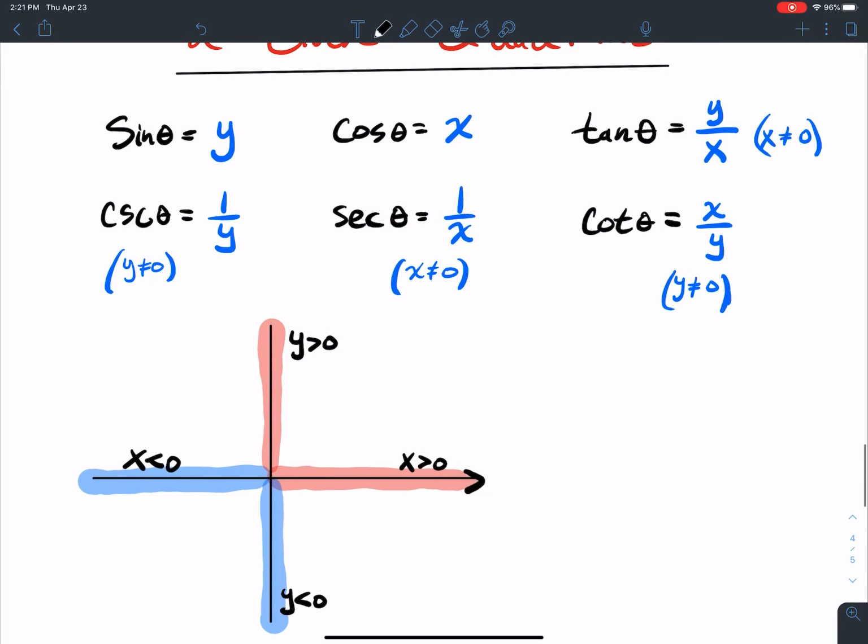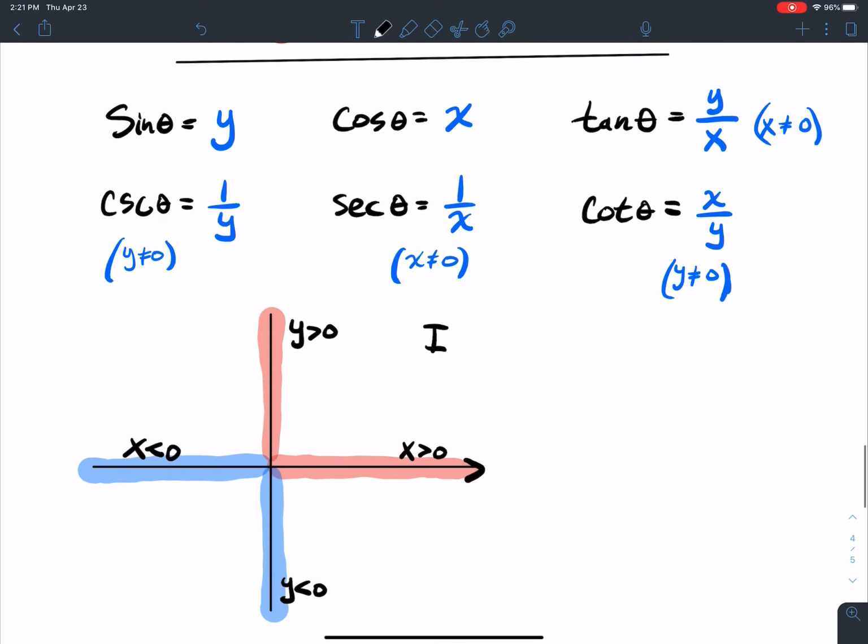Okay, so what do we do here? Well, in the first quadrant, Q1, we have Q1, and then over here we have Q2. Over here, down here, we have Q3, and then last we have Q4.